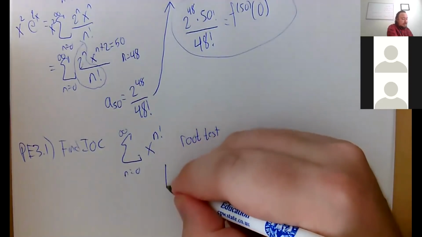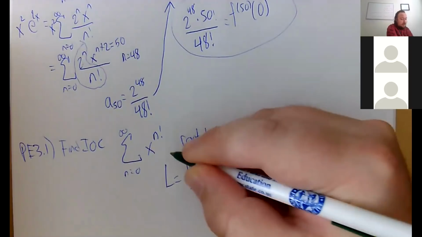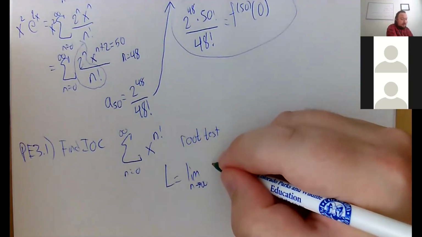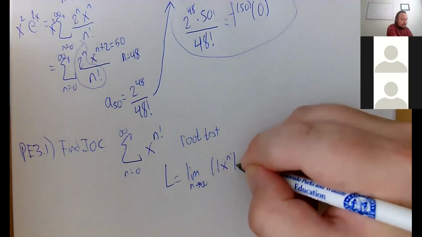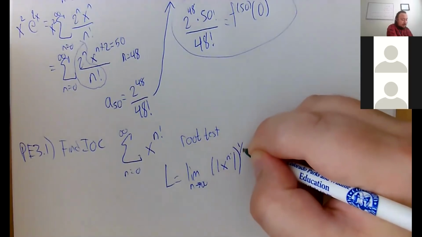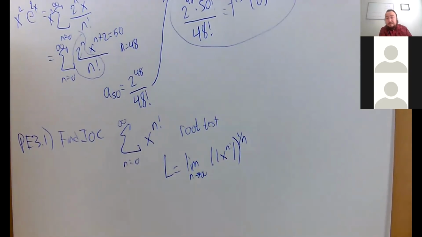So for the root test, I compute a limit, and that limit is the limit as n goes to infinity of the absolute value of this stuff, all raised to the 1 over n power. Remember, whatever I get from my root test, it needs to be less than 1 in order for it to work.